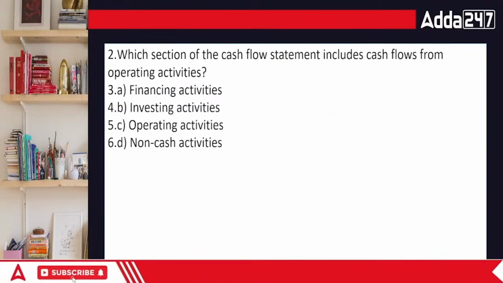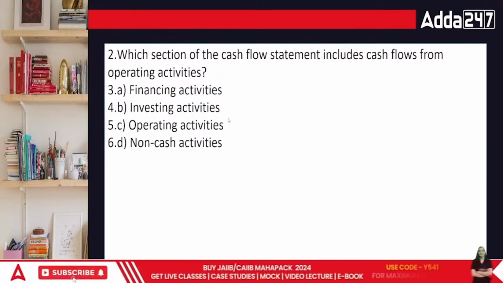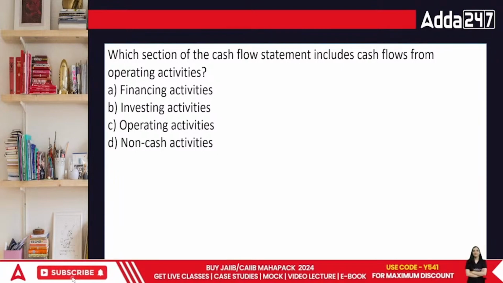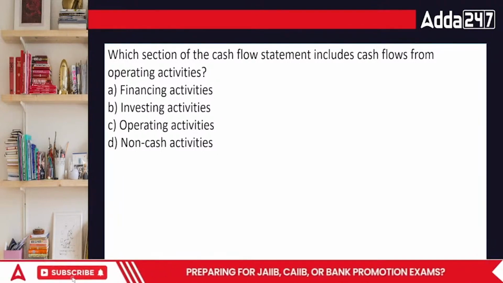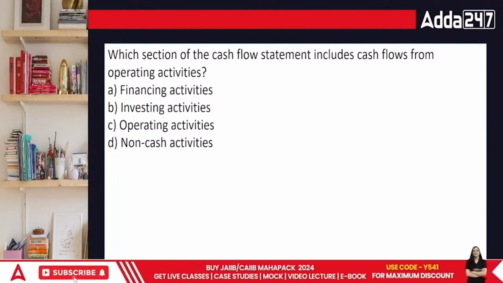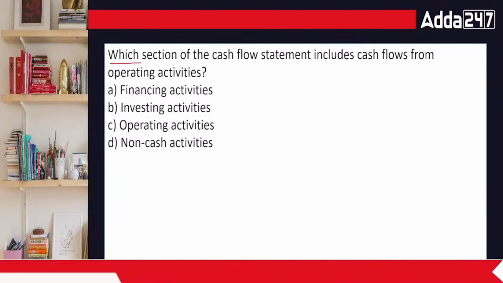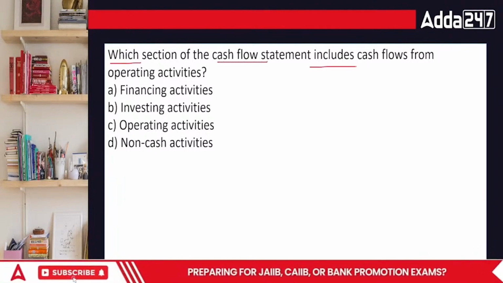Next question, everyone. Another question regarding cash flow. Cash flow is normally prepared for a year and it is compulsory for all those companies which are listed. Which section of the cash flow statement includes cash flows from operating activities?